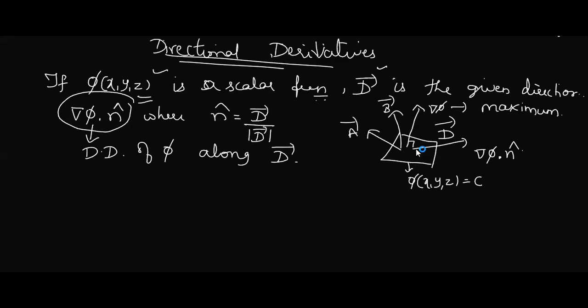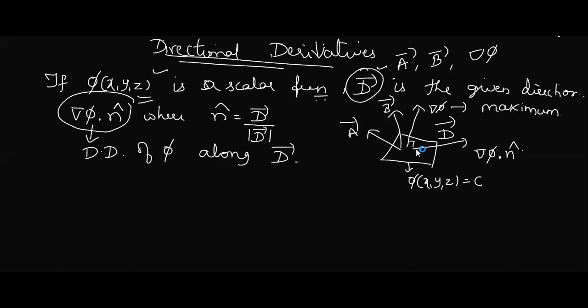Now I'll keep my scalar function fixed. Now direction can be changed, correct? I may have a vector d bar, a bar, b bar, or del phi. Are they all vectors? These are all vectors.